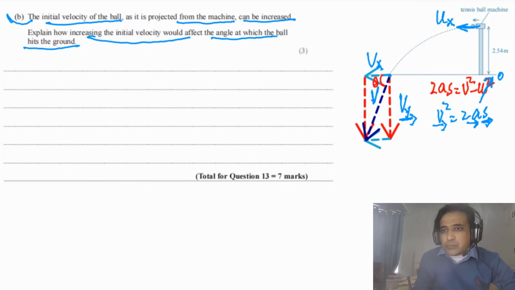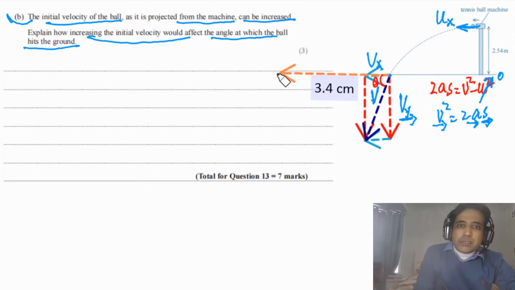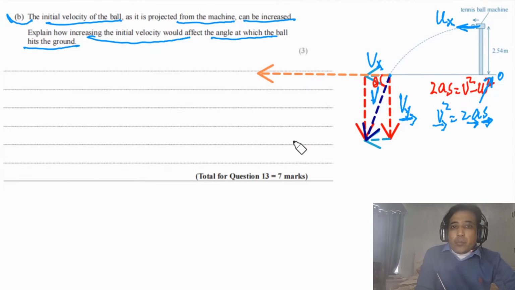Now simply we need to look at horizontal component of velocity. So if I increase this component, just let's make it bigger one. If I increase this much, what is the new value of angle now? So now we can find out the new value of the velocity.